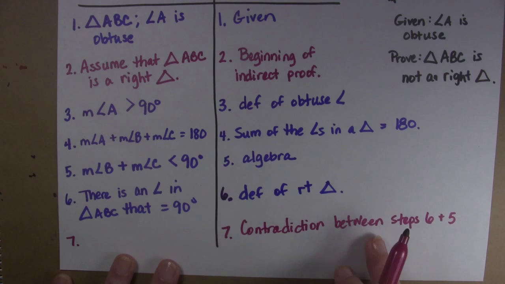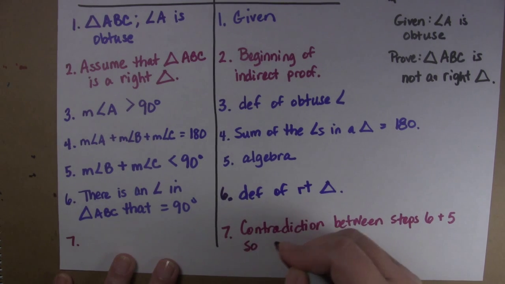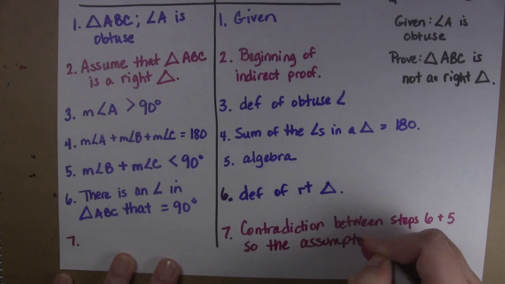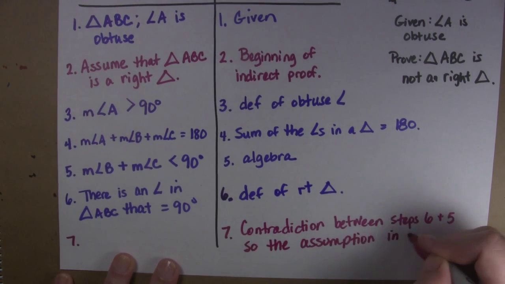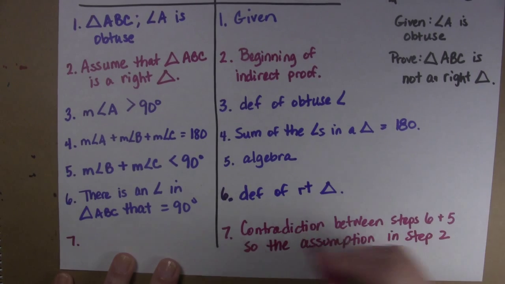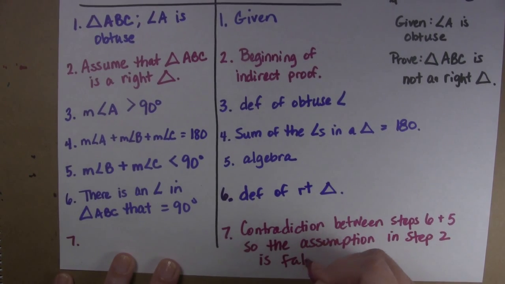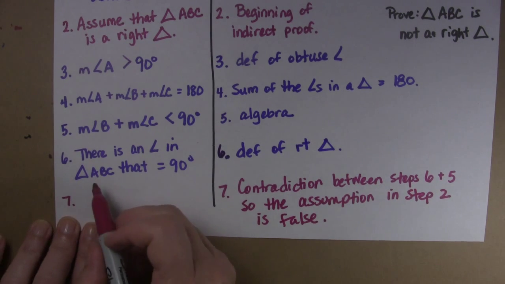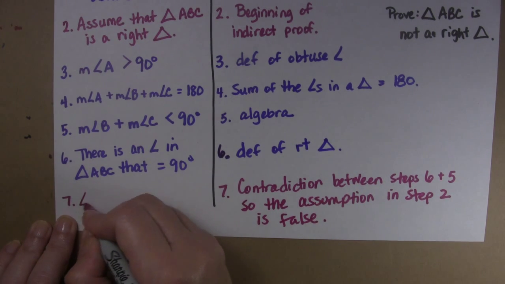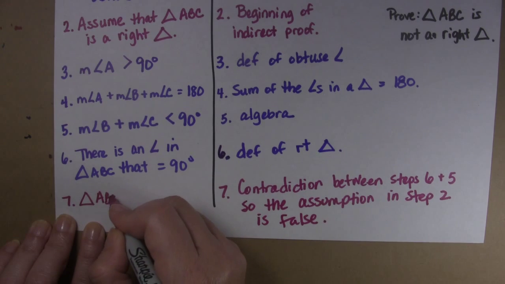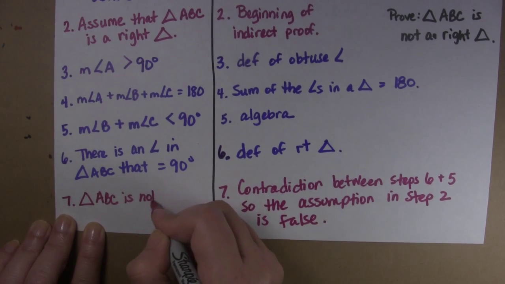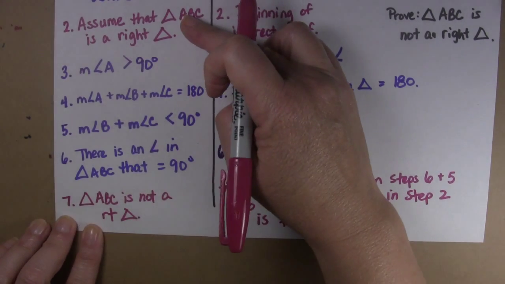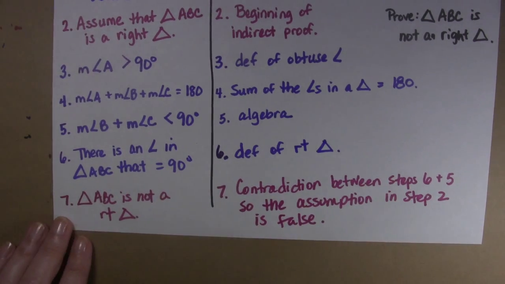So contradiction between step 6 and 7, so the assumption in step 2 is false. The assumption in step 2 is false, which means that I can say triangle ABC is not a right triangle. The opposite of this up here now goes down here.